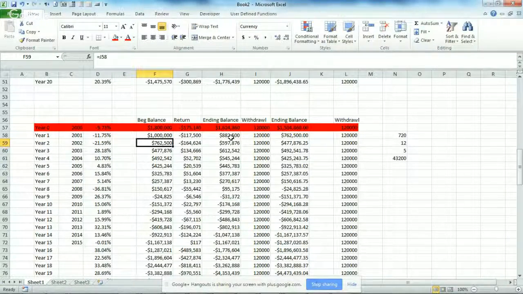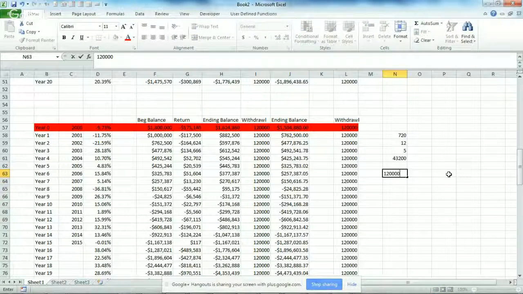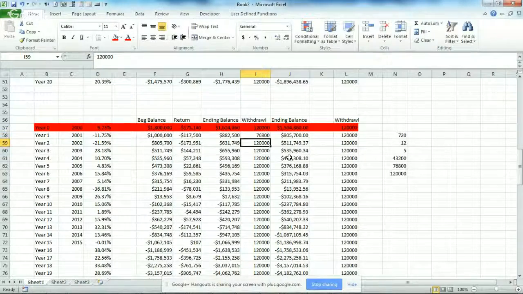You're at $882,000. So how much do you need? It's $120,000. That's the goal. So you need this minus this, so $76,800. So you basically withdraw $76,800 every year.